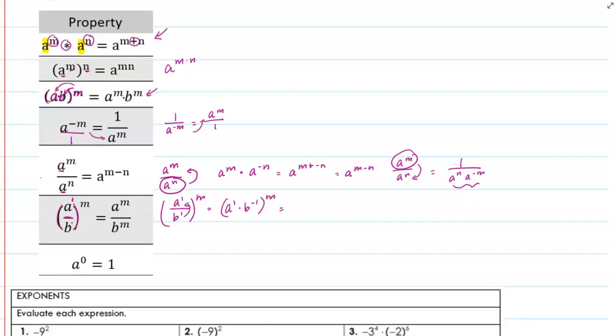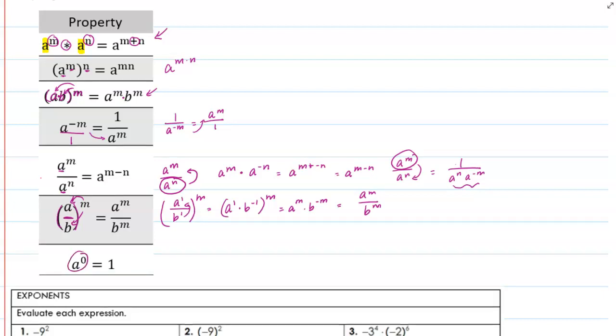Anyways, so a to the m times b to the negative m, which is going to be a to the m over b to the m, which is the same thing as what you get if you just apply the m to both of the exponents. Now, the fun thing about exponents, you could play around, and you should just get the same answer.